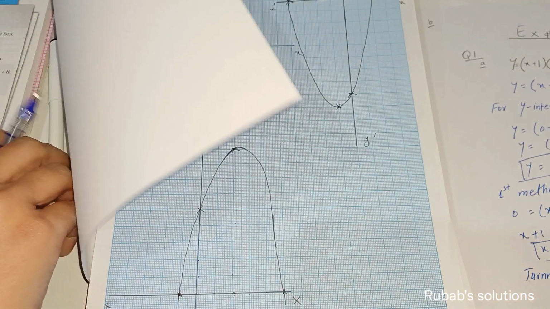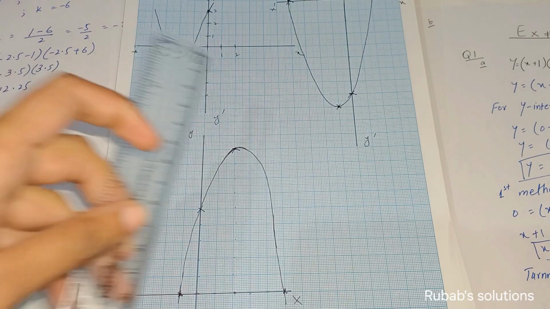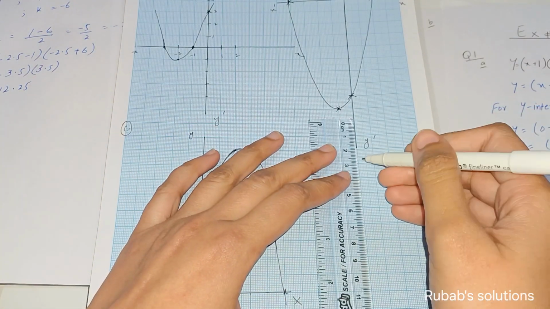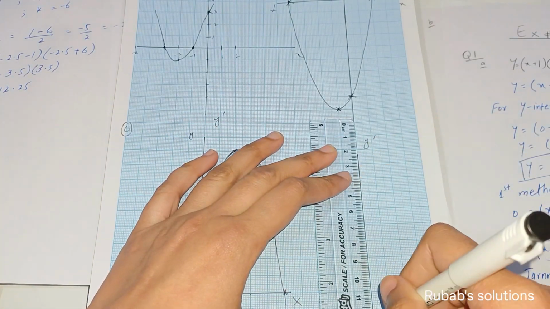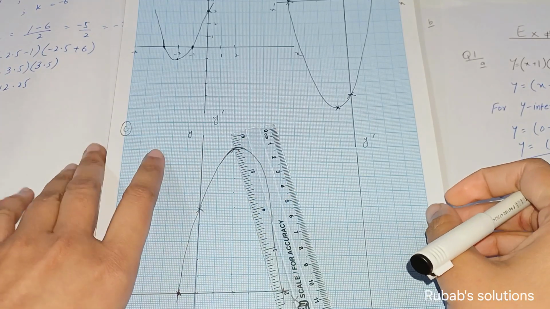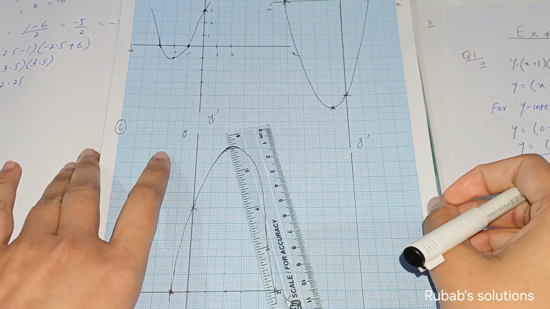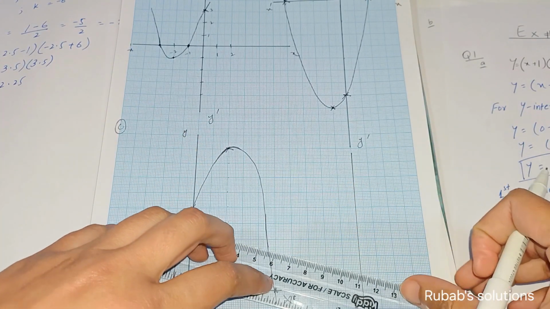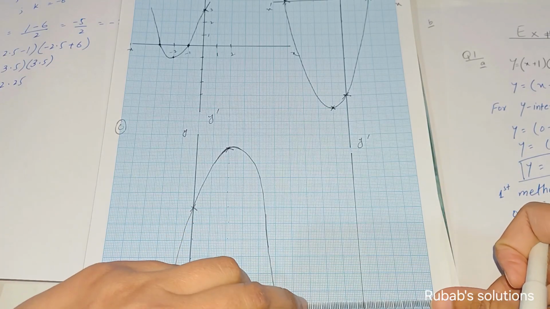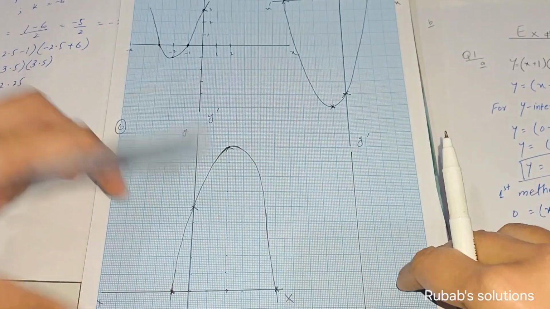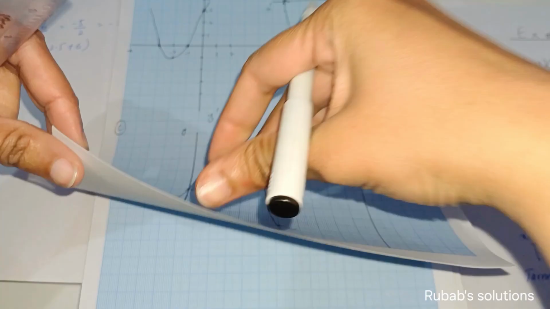First of all, I have to draw the x-axis. If I draw the x-axis over here, hopefully it will fit in. Okay, the value of minus 6 it will rejoin. Okay, I have to go to the next page because on this page it will not come out properly.